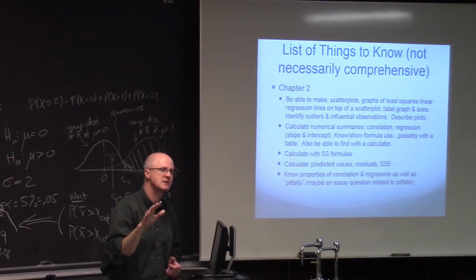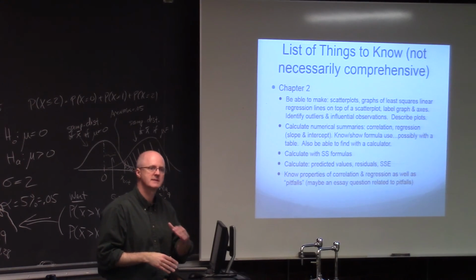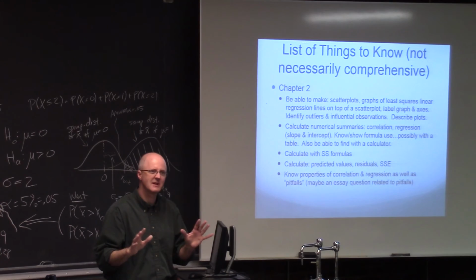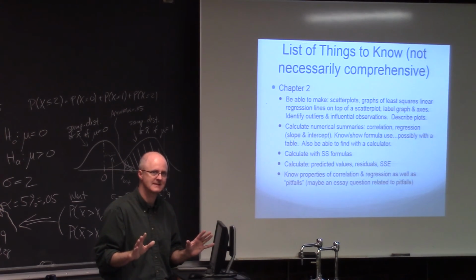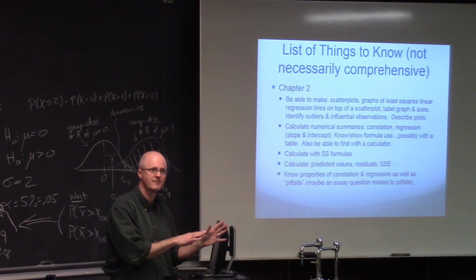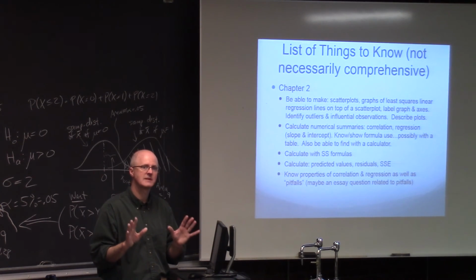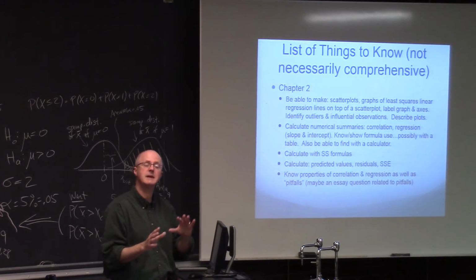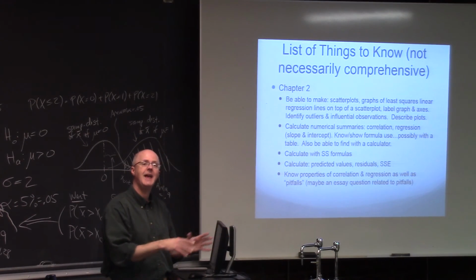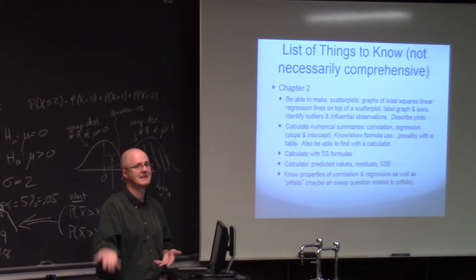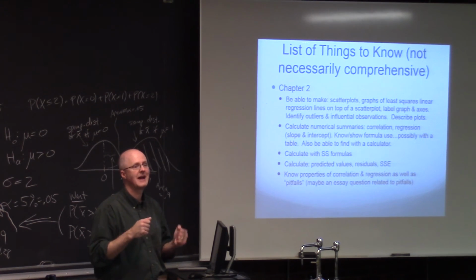You might have to use those to find the slope and intercept, b1 and b0. All the SS formulas, I probably won't do that for this exam, maybe on the final, but probably not for this exam. Focus on the shortcut formulas and on being able to use the regression line to find a y hat and calculate a residual, like for today's quiz.